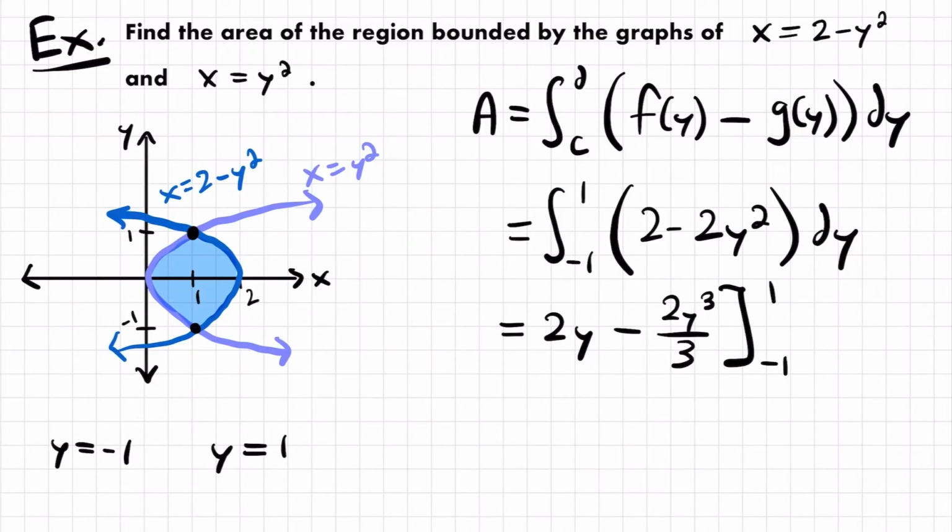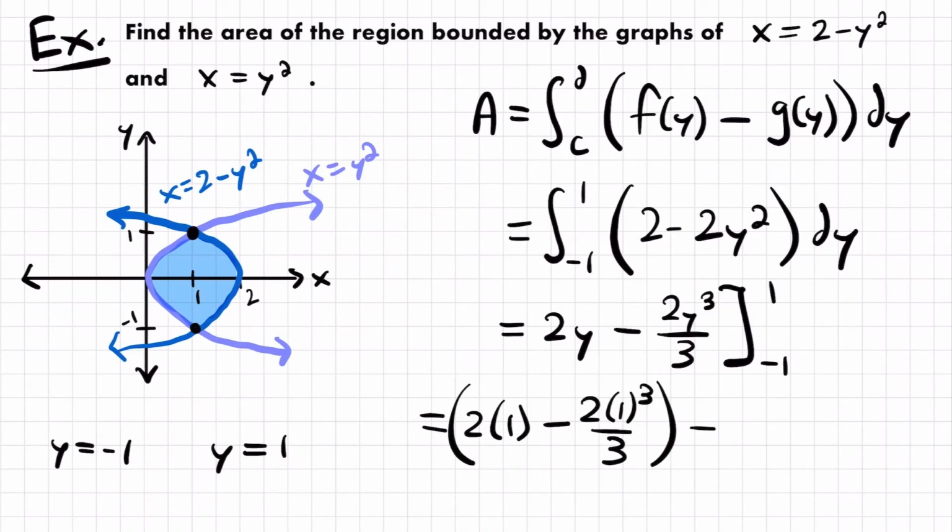All right, so then plugging in 1 into this expression, we will find that this is equal to 2 times 1 minus 2 times 1 cubed divided by 3, and then we will subtract plugging in -1 into this expression. And so we'll have 2 times -1 minus 2 times -1 cubed divided by 3, and then that is it.